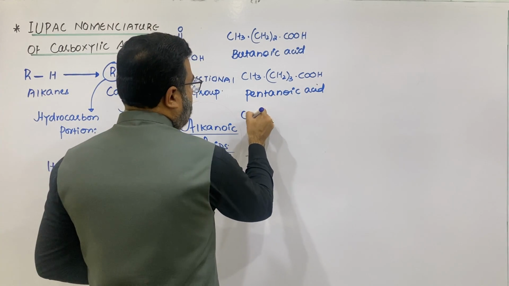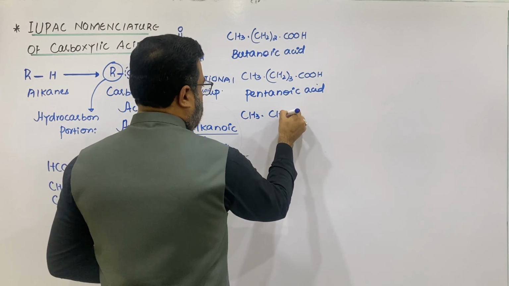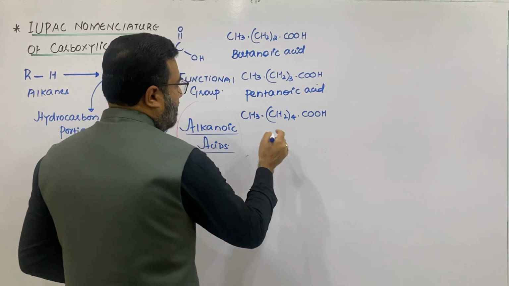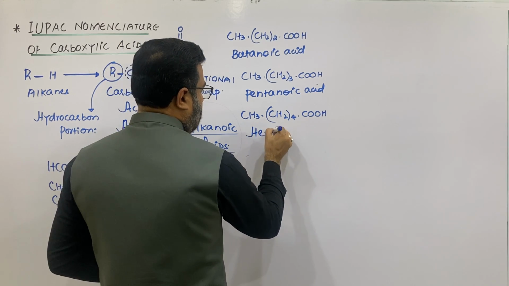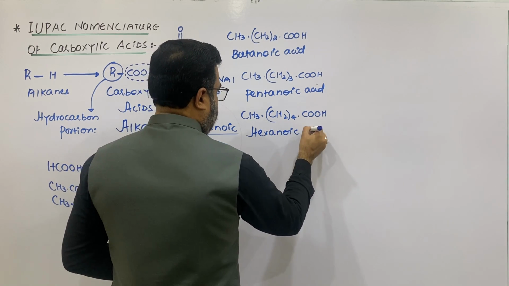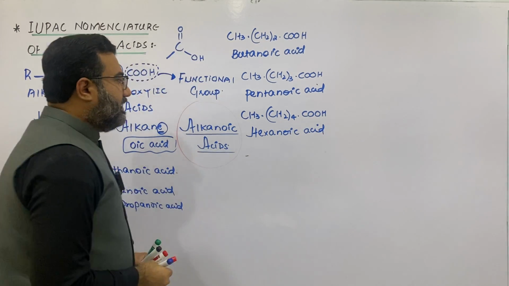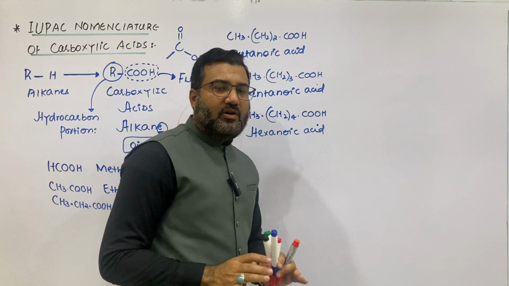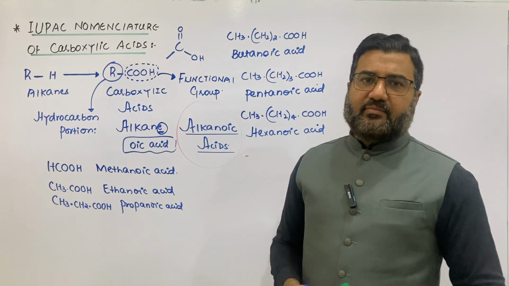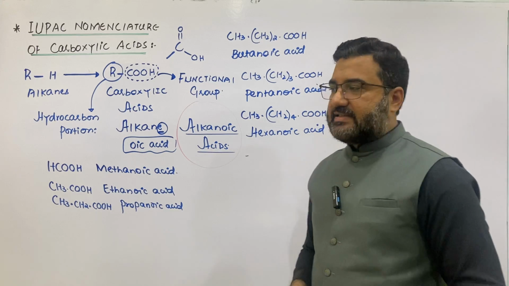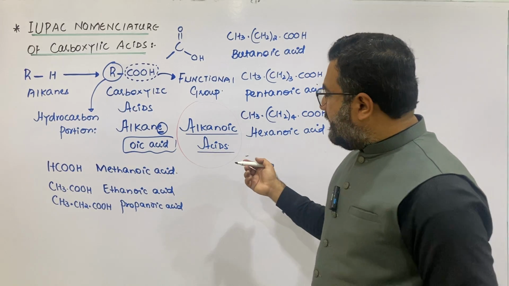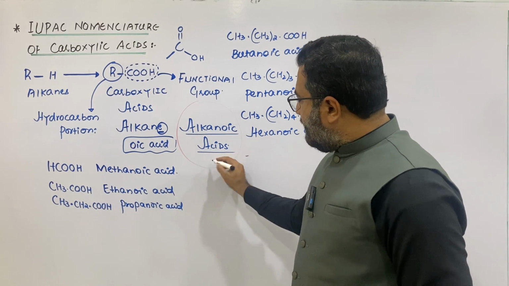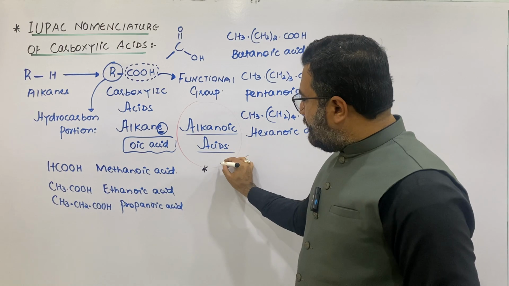And in the same way, the carboxylic acid with six carbon atoms will be called hexanoic acid. Now, these are the carboxylic acids from carbon number 1 to carbon number 6, and they are all non-substituted carboxylic acids, meaning there is no substituent attached. Now, if we have some substituent attached to the carboxylic acid, then what should be the IUPAC naming of those carboxylic acids?